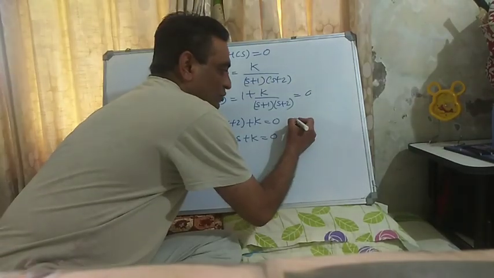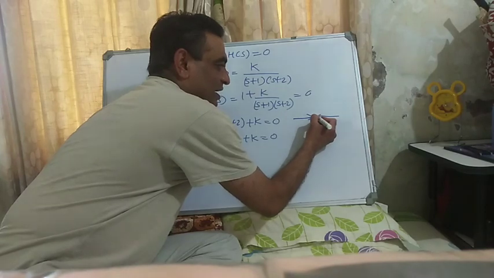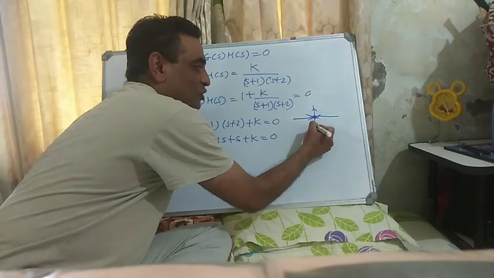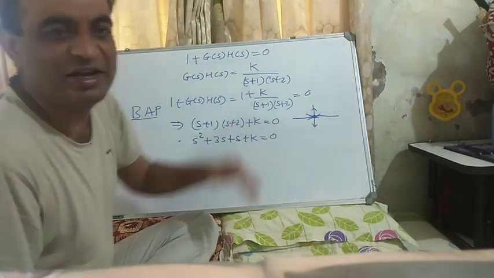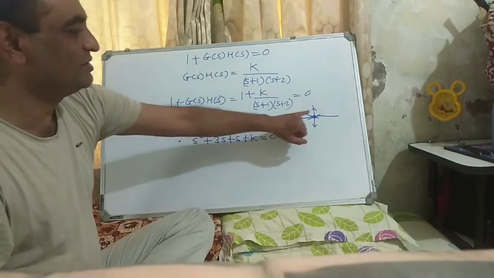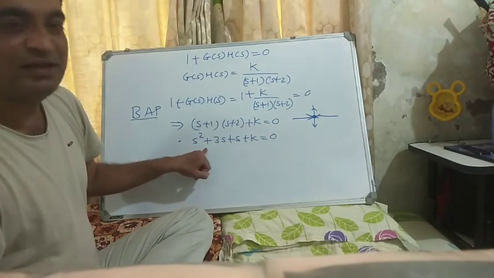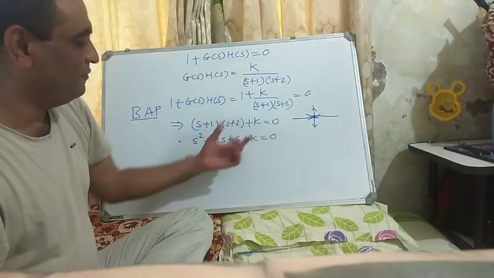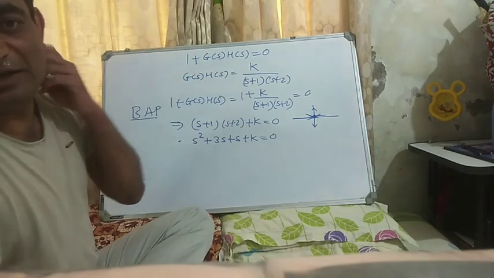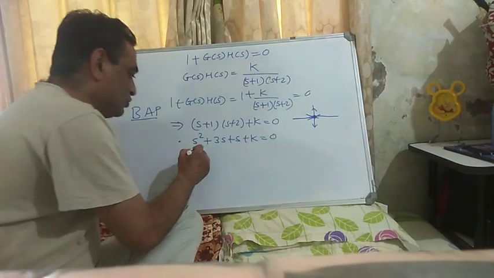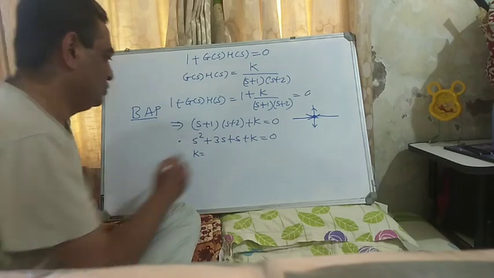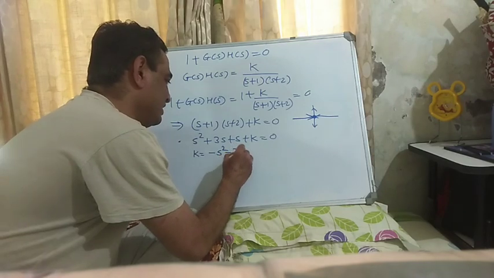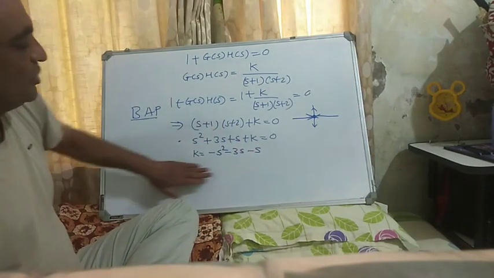So the branches approach this point and then change their slope and direction. I can find this point by taking the derivative of k with respect to s and finding the maximum or minimum points. So k is equal to minus s square minus 3s minus 2.